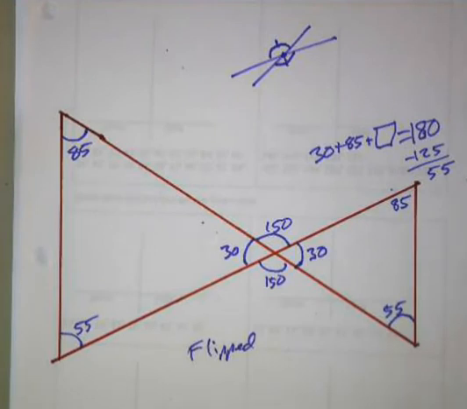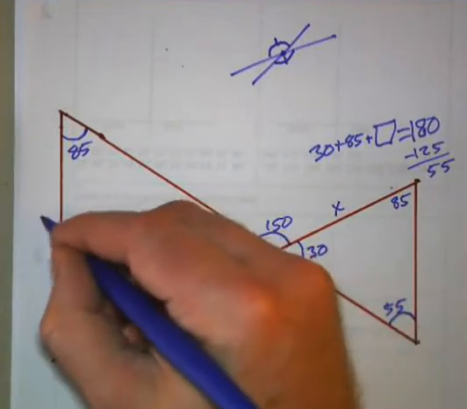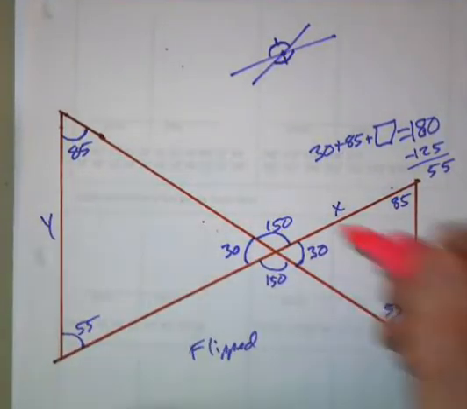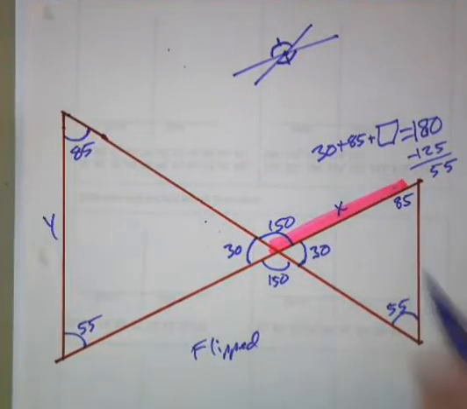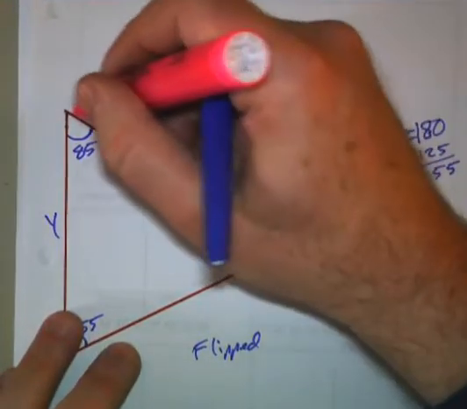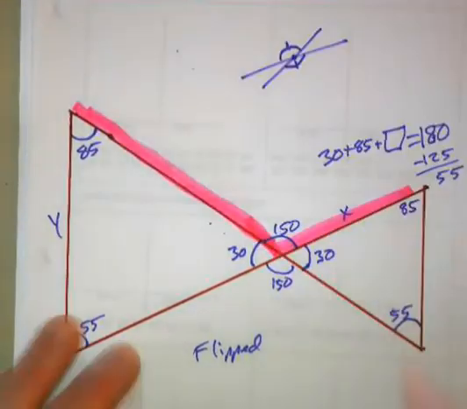And when we are finding, say, x and or y for the sides, we would look at what is the corresponding side to x. Well, in this case, x lies between 30 and 85, so the corresponding side would be here, between 30 and 85.